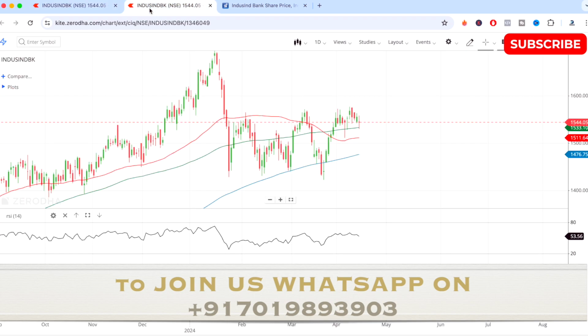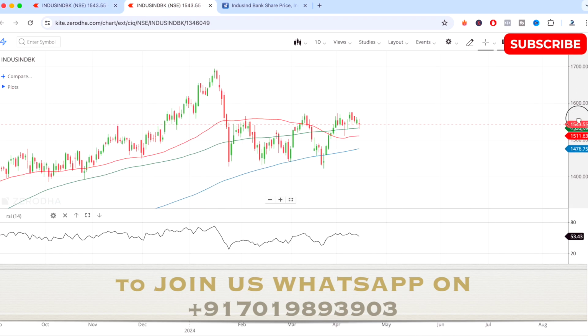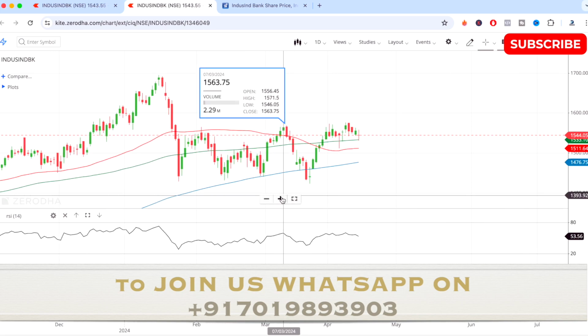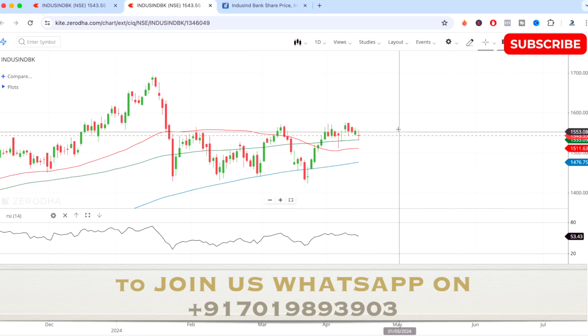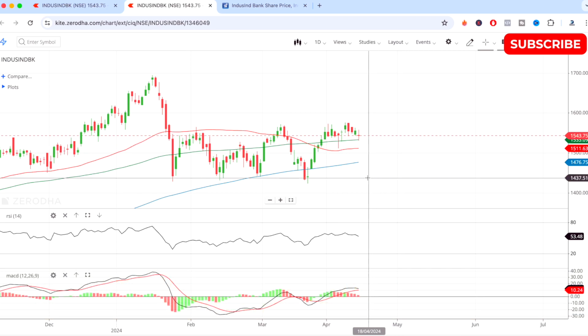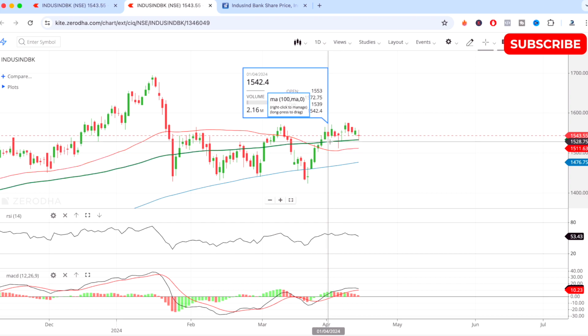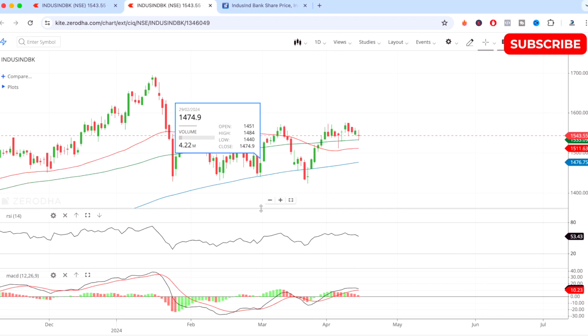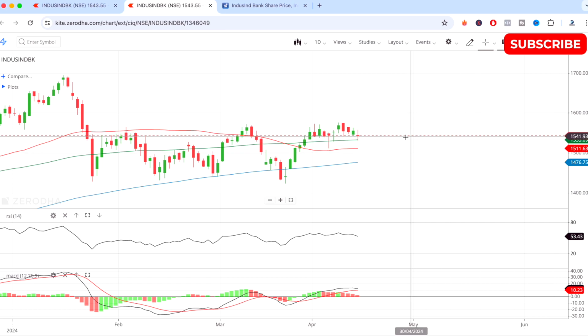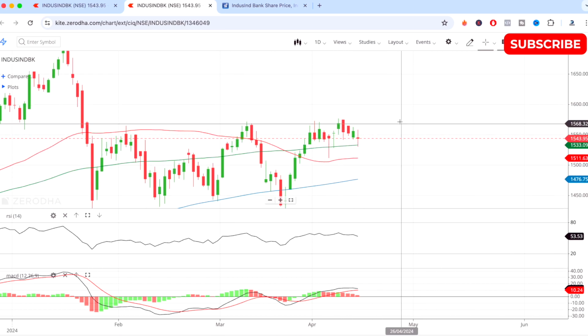So now if we quickly see in a technical way, so you can see here, so I have plotted 3 important moving averages. One is 50, 100 and 200. Okay, so the blue one is 200 and the red one is 50 and the green is 100. So now if you see, the Indusind Bank is trading above 100 EMA line.